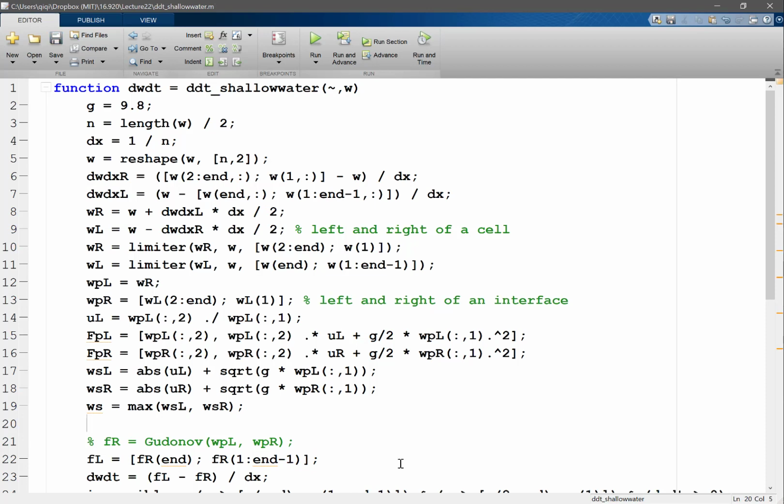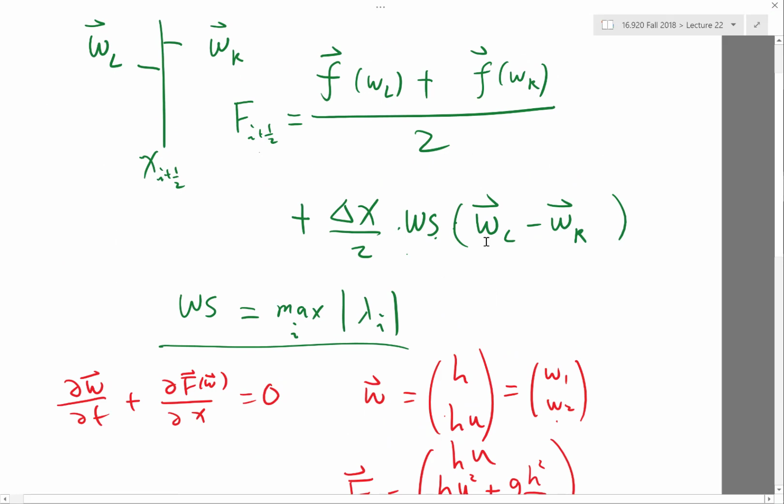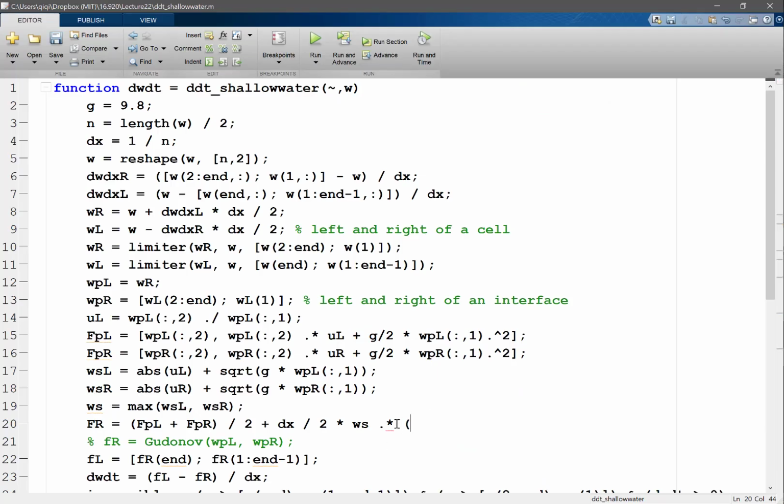Okay, and then my FR is going to be (FPL plus FPR) divided by 2 plus dx over 2 times wave speed times (w right minus w left), minus w right.